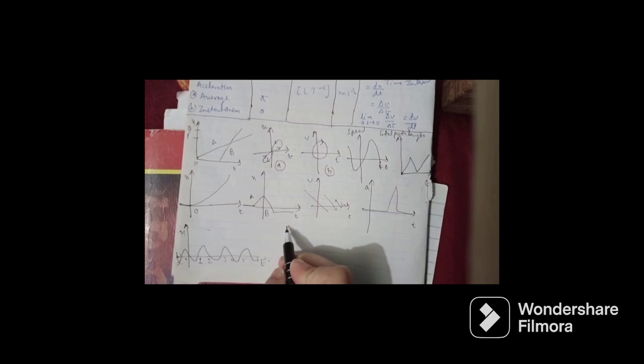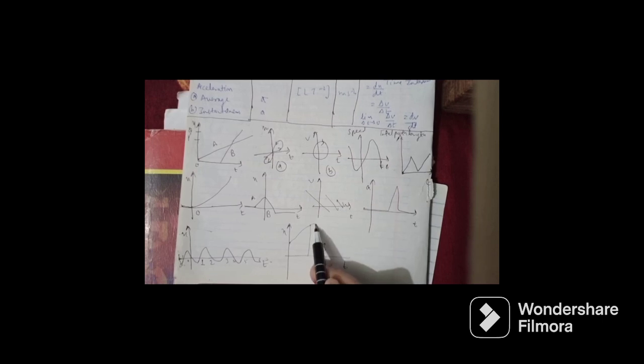With respect to t, this is for 3, this is for 2, this is for 1.